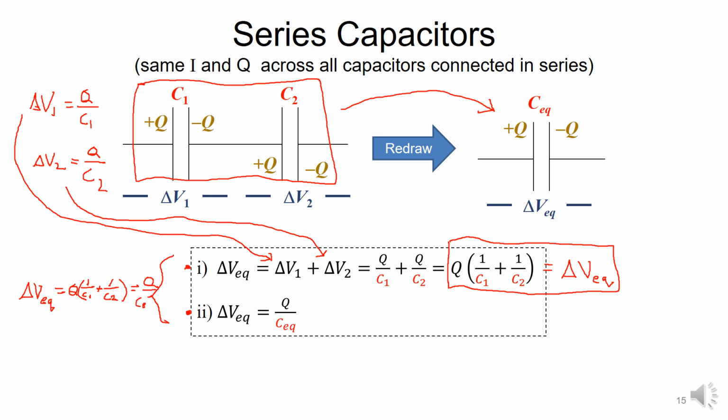All right, so that's our equation. We cancel the Q's on both sides and we solve for C equivalent, and we get 1 over C equivalent equals 1 over C1 plus 1 over C2.